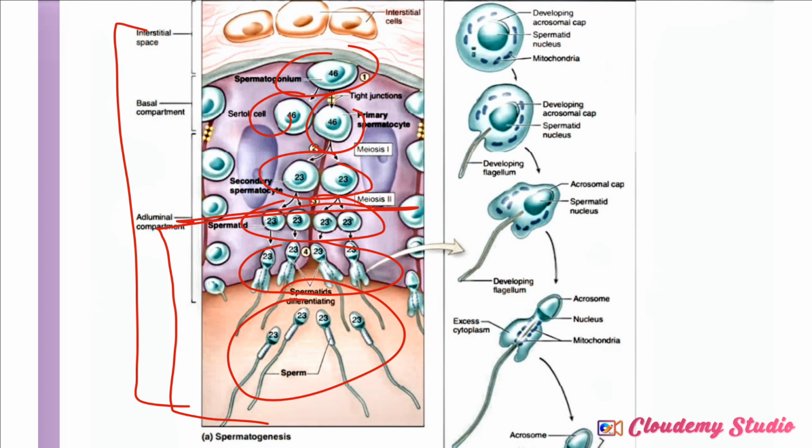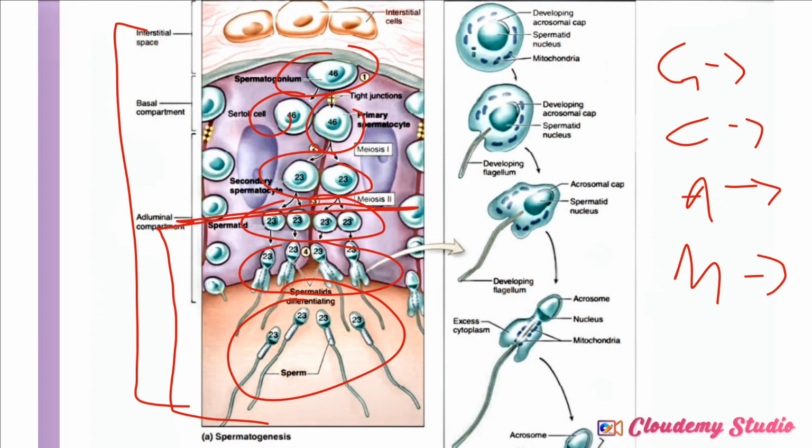This is GCAM, my acronym for it: the Golgi, the cap, the acrosome, and the maturation phase of spermiogenesis. So these are the processes of spermiogenesis. And in this video, we were able to mention the process of spermatogenesis and see how sperm is produced inside the testis.